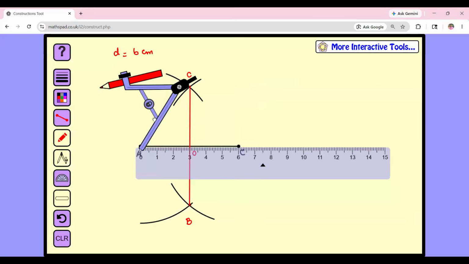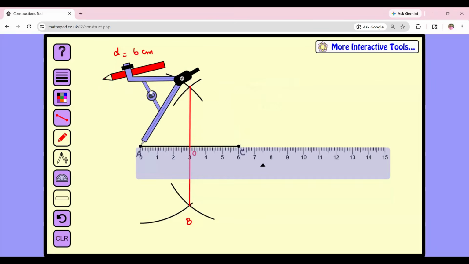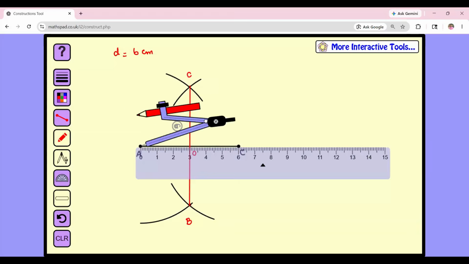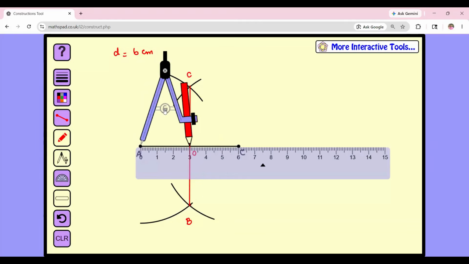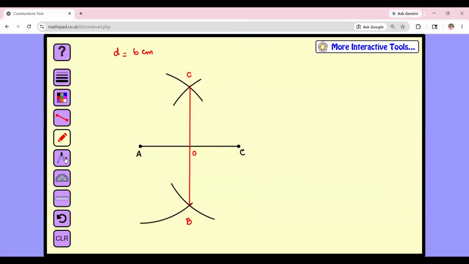So take 3 centimeter in the compass and draw an arc. Keep the pointer on O and draw an arc.